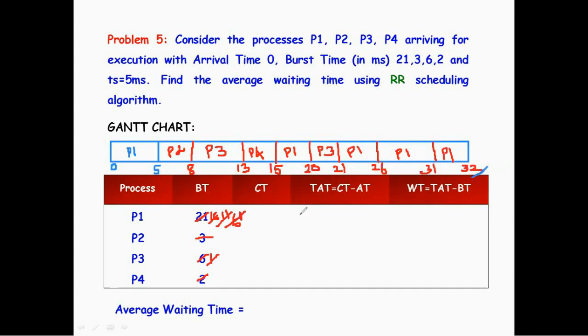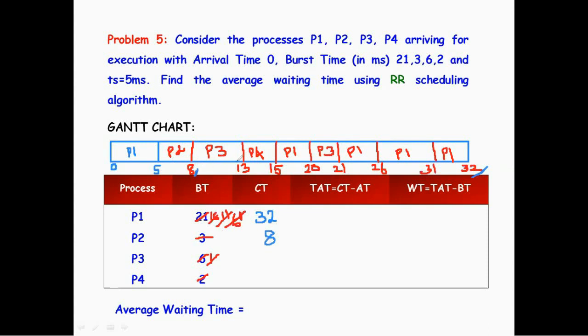Now coming to completion time. From the Gantt chart, the completion time of P1 is 32. So let me mark here as 32. Then the completion time of P2 is 8.